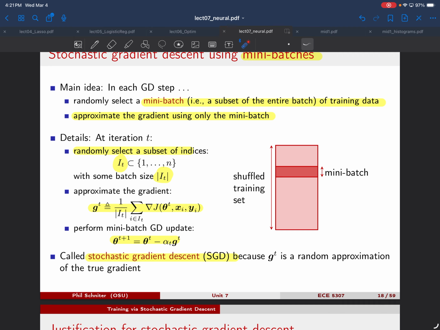You often measure how much processing you've done based on how many epochs, not how many iterations. You say, I trained with 10 epochs, meaning I went through my training data 10 times with these mini batches until I was done converging.